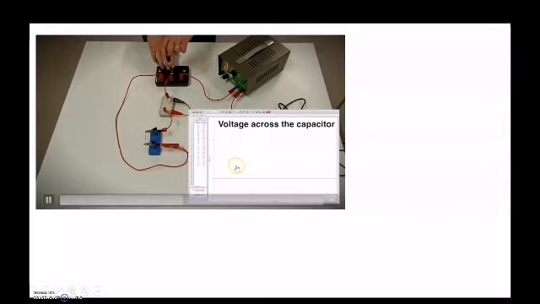Okay, you can notice here, once we start charging, the voltage of the capacitor increases from 0 up to a certain maximum value, and this is the maximum value reached. This is the same as the potential difference or the voltage of the source.